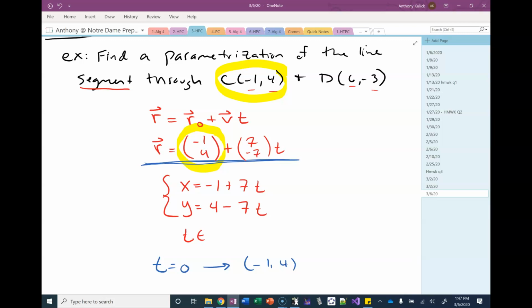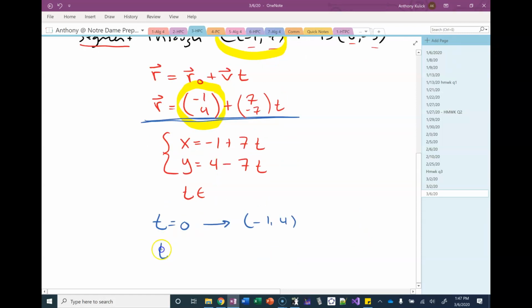All we need to do now is determine which way our slope vector is pointing. Is it pointing to the right or is it pointing to the left? The easiest way to do this is to check using these two values of t.